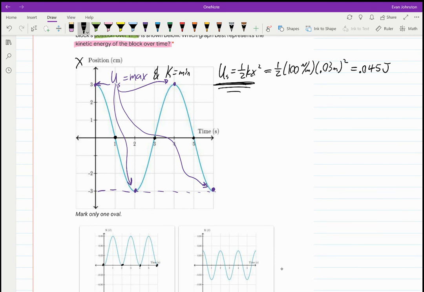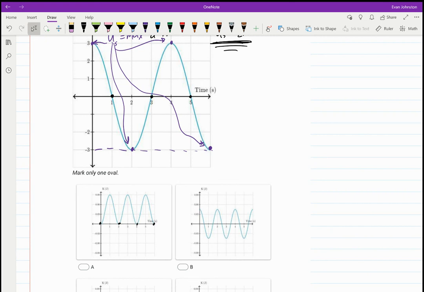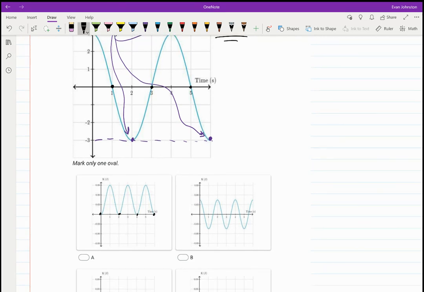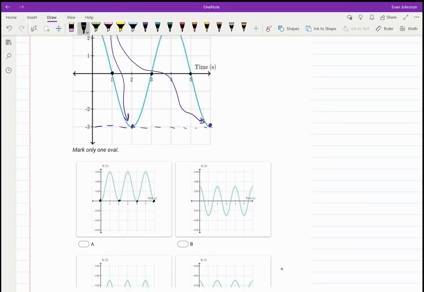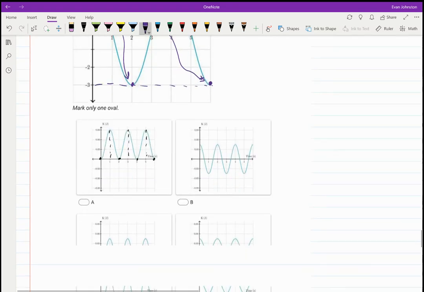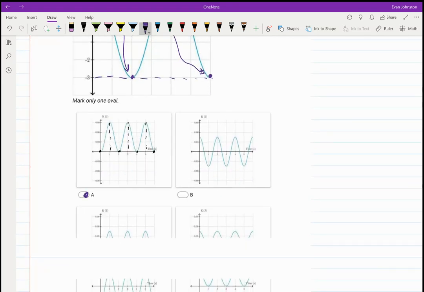So if there's no potential here, it must be all kinetic then. So these points at 1 second and 3 and 5 must all be kinetic energy. So we want something that has max values at 1 and 3 and 5. Well, does option A have maxes at 1 second? Yeah. What about 3? Yeah. What about 5? Absolutely. So it totally is this option A right there.